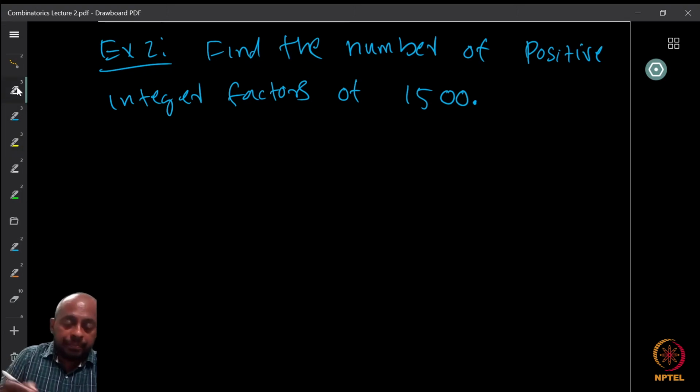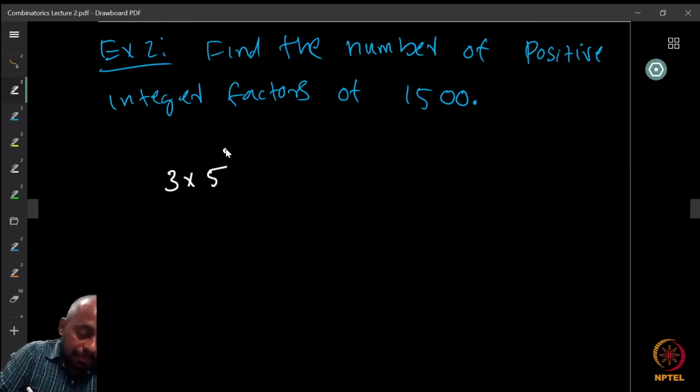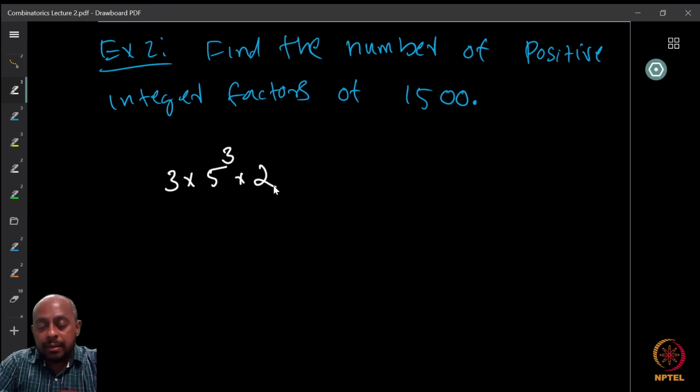Now, what do we know about 1500? 1500, I can write it as 3 into 5 raised to, so basically I look at the prime factors, right? So I know that there is 5 appearing 3 times, right? 5 raised to 3. And then how many times is 2 appearing? 2 raised to, let us say, 4 times, right?